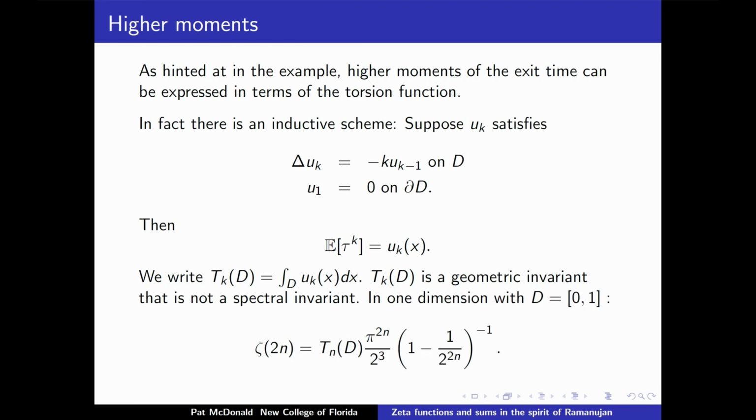All right? And if you just follow what we've done up to this point, and go back to the example that I did before, it turns out that you can write the even values of the zeta function in terms of these invariants for an interval. Okay, so many, many other things are going to be true.